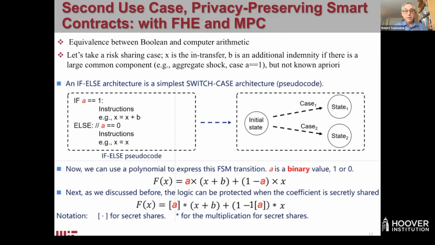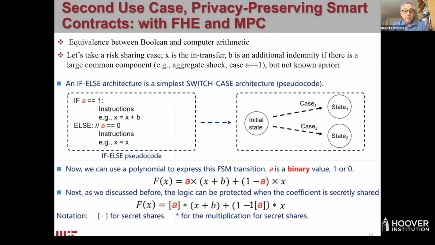Second use case is privacy preserving smart contracts using fully homomorphic encryption and multi-party computation. And the idea in this picture is there's some loss that individual participants experience. They're supposed to get some transfer as an indemnity X, and it turns out that if they're all experiencing losses as in an aggregate state, there's an additional transfer indemnity B that's supposed to kick in.